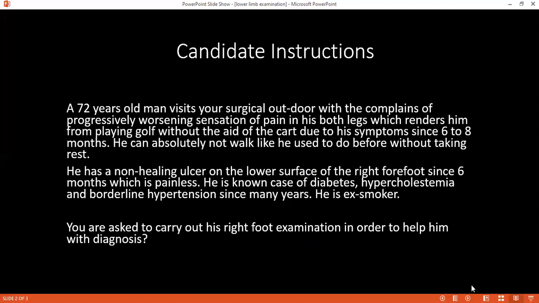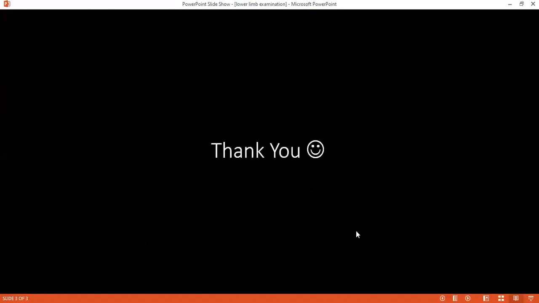On the normal foot, there will be normal flow, usually triphasic flow. I'm not sure, but on the affected leg there may be monophasic flow or no flow at all. Okay, good. Thank you.